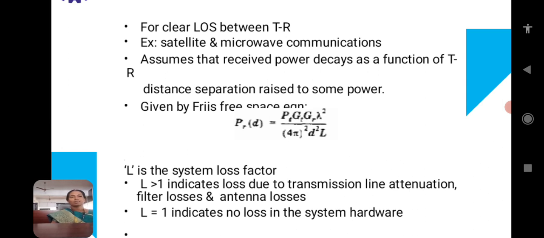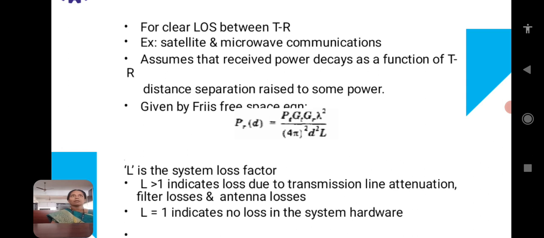This is represented by the Friis free space equation, Pr(d), which is equal to the product of the transmitter power, the gain of the transmitter and receiver, and the square of the signal wavelength, divided by (4 pi) square, the product of the square of the distance d and the system loss factor L.